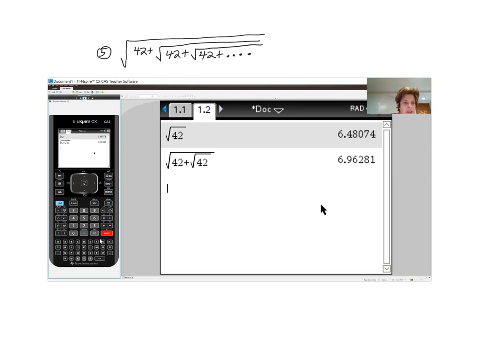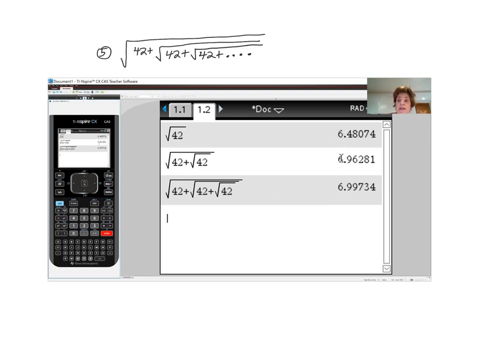All right, I'll do this a few more times. So I'll put my square root symbol, put the 42 plus, go up and highlight, press enter, and then have the calculator do the work. I get 6.997. So we see that this number is increasing.